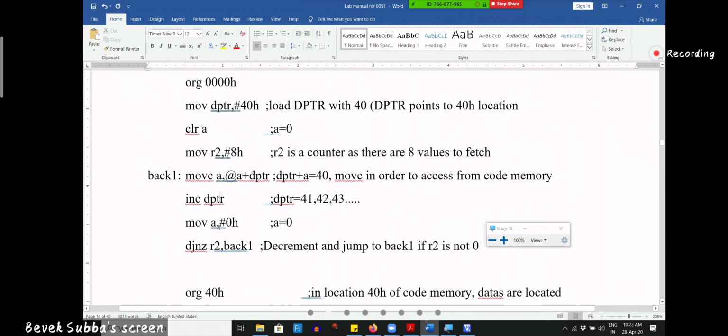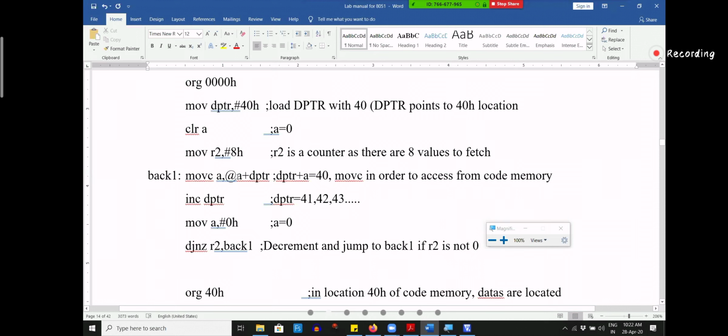Again, I'm clearing A equal to 0. R2 will be 6. That was 7 before, but now it will be 6. 6 is not 0, going back again to this label.